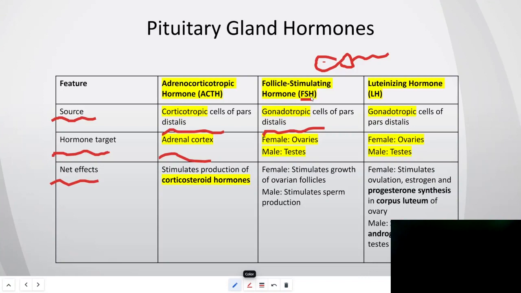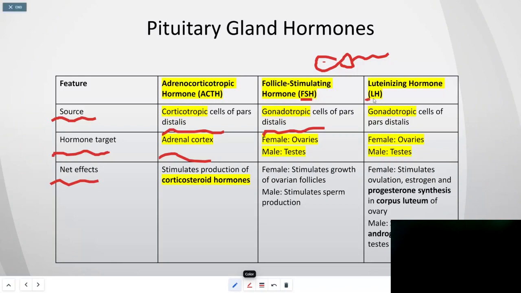Sex cell as in the male spermatogenesis, going from the early spermatid to maturing. And for the females, what's the sex cell? Right, so you're going to have the primordial follicle. The follicle eventually becomes a primary follicle, matures to a secondary follicle, and then ruptures into the egg, the ovum. So it's the follicle development to the egg. All right, so that's the sex cell.